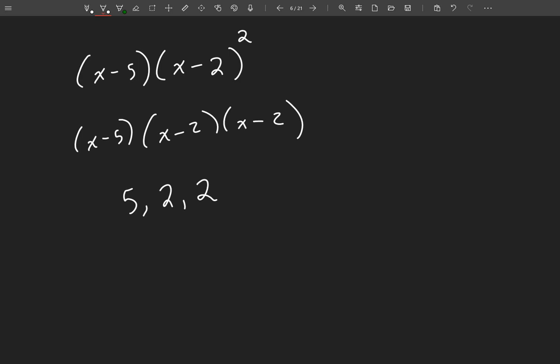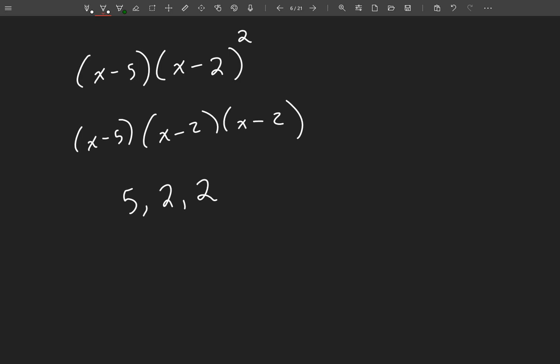And I don't really have an intuitive way to explain to you why that is a thing. Not yet, at least. There is a good reason for it when we get into graphing, but I know you don't want me to factor or graph this yet. So we're not going to do that yet. But just know at this point that it is possible to have multiple roots being the same number.